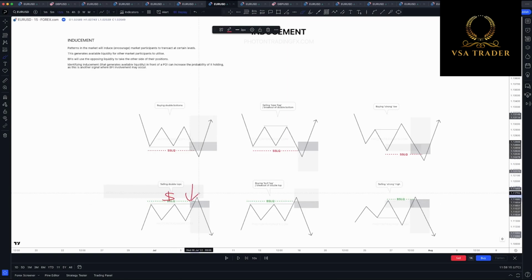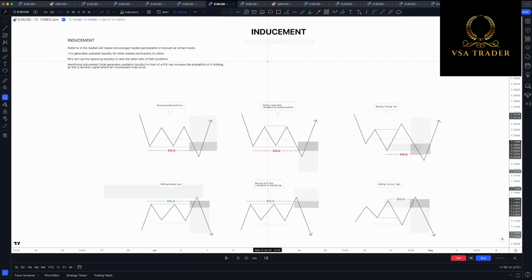They need that opposing liquidity to enter the market short with minimal slippage. So the key here is that identifying inducement that generates available liquidity for institutions to use in front of a POI can increase the probability of it holding and of price playing out in the direction you're anticipating.